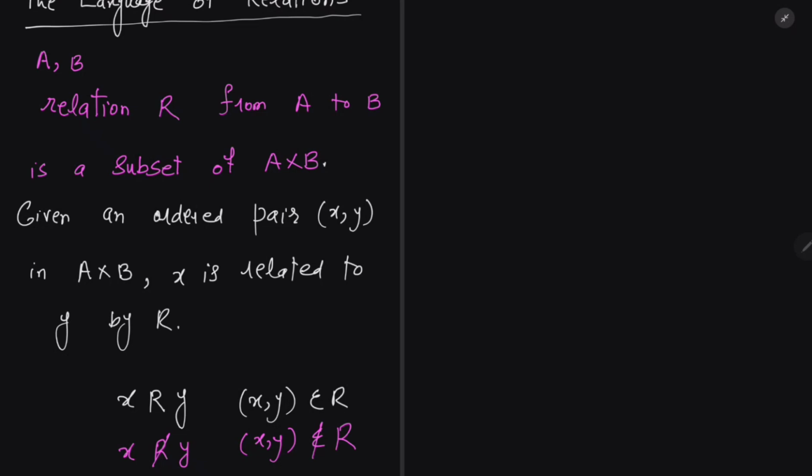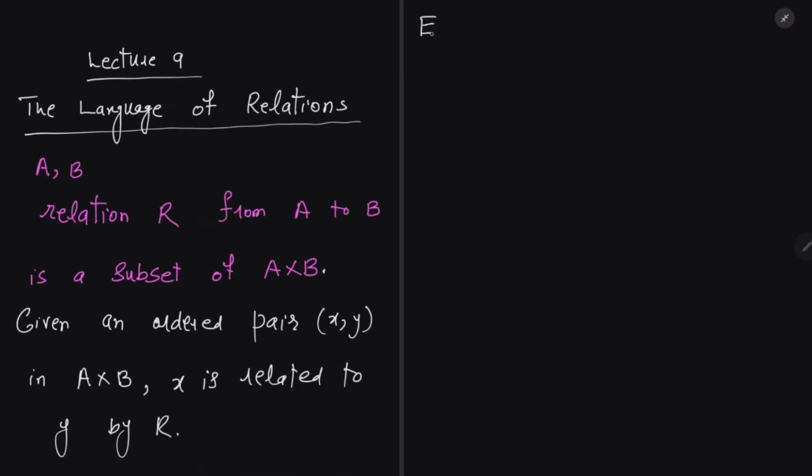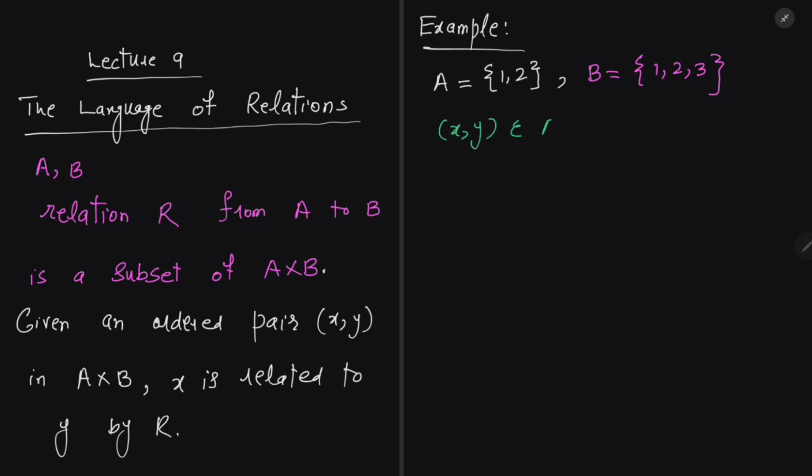Let me give you an example. Suppose we have A equal to 1, 2 and B equal to 1, 2, 3, and we want to write some relation, where x, y belongs to A cross B. So x, y is coming from the Cartesian product, but x, y will be in the relation.